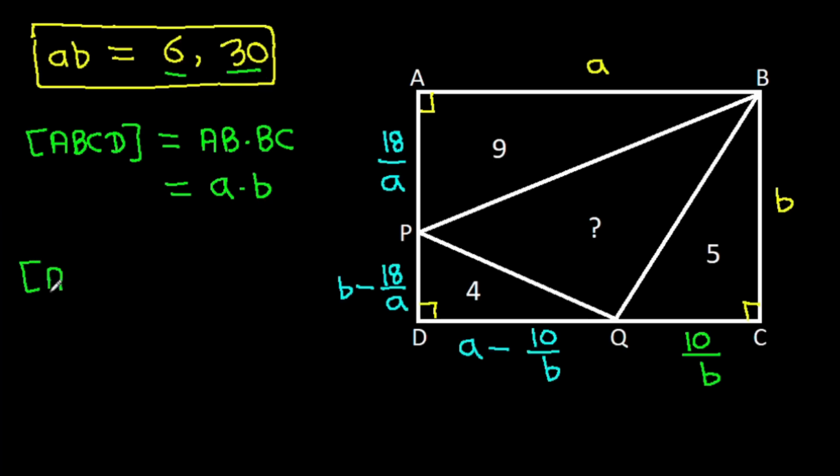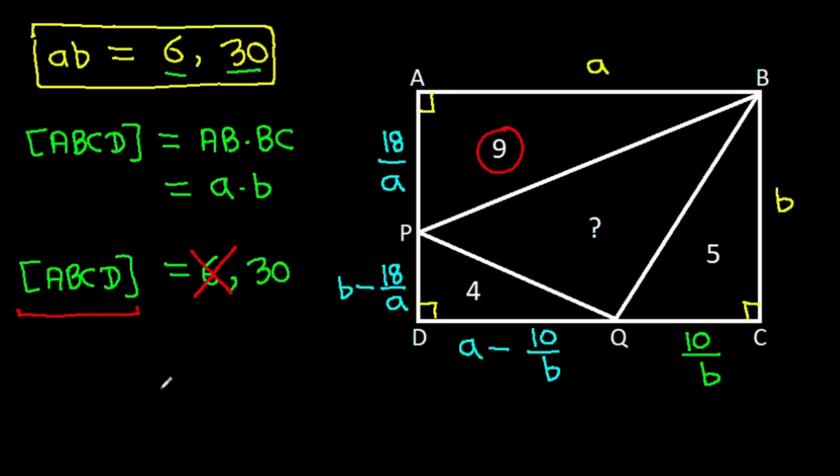That means area of ABCD is 6 and 30, and we have area of ABP is 9. So area of ABCD should be greater than 9. So it cannot be equal to 6. That means area of ABCD is 30.